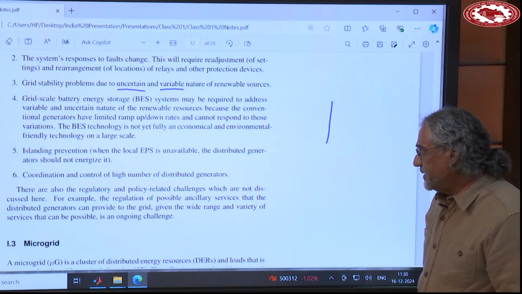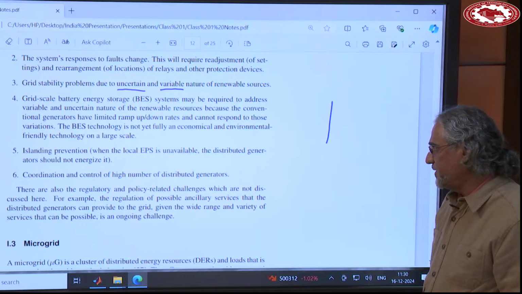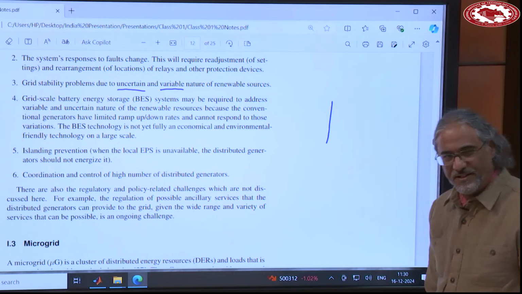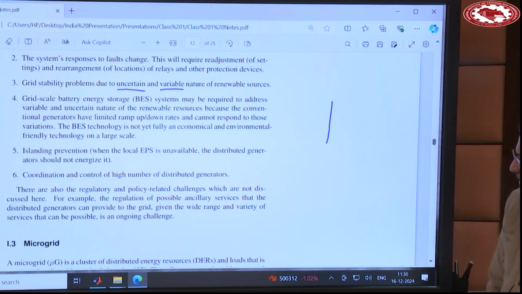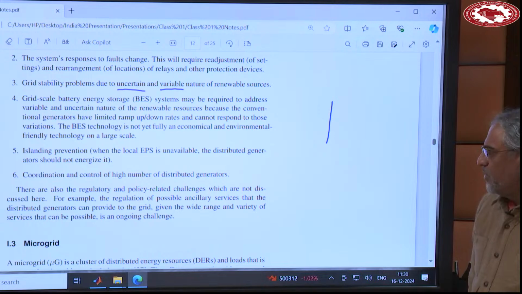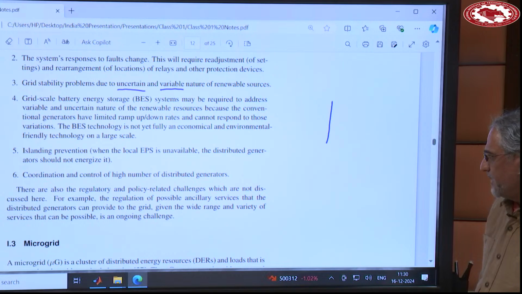And last but not least is coordination and control of this large number of distributed generators. How would you like to coordinate and control them, because now the number can grow to very large numbers if everybody wants to have a generator on top of the roof, as a solar photovoltaic or small wind turbines or things like that.